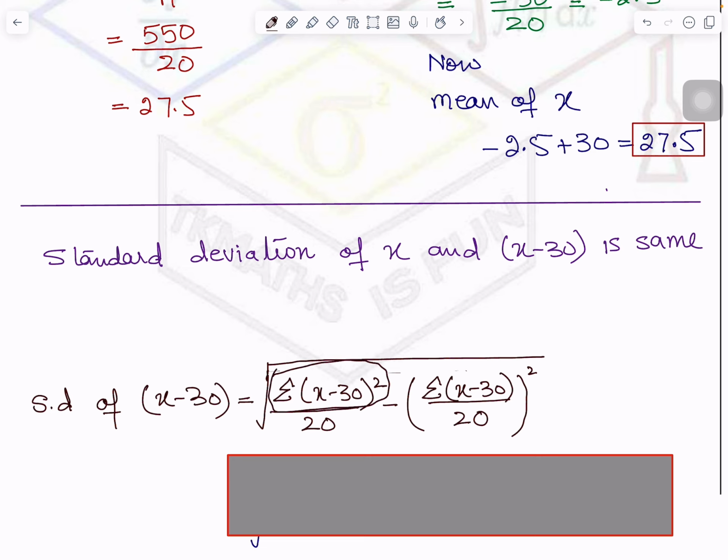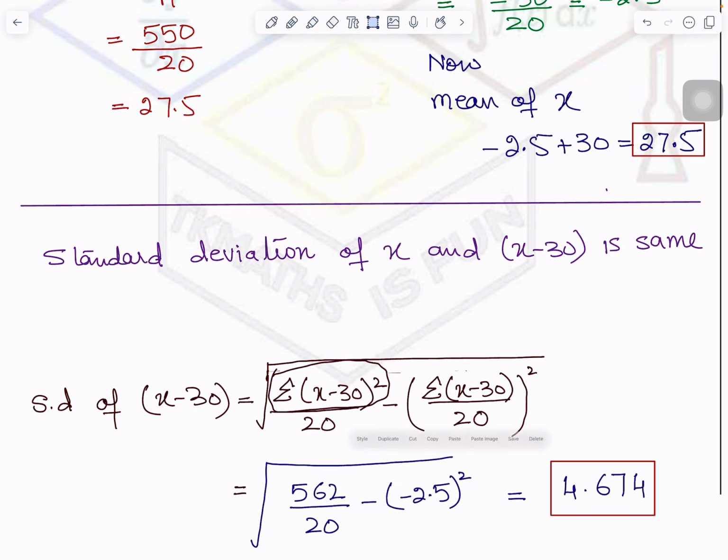So I will simply write down this value and solve the question. And this value is also given to us. It is here, minus 2.5. We have calculated it in part 1. So this is how you will calculate the standard deviation and mean of the coded data.